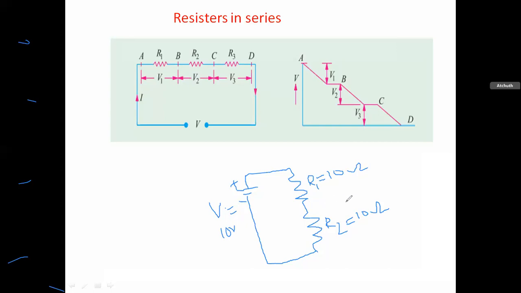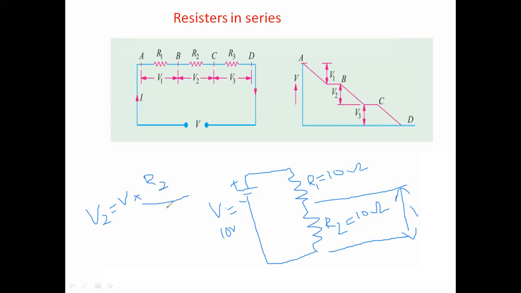Suppose I want to measure the voltage drop across resistor R2. This is V2, and V2 is equal to the total applied voltage V, into R2 divided by R1 plus R2.